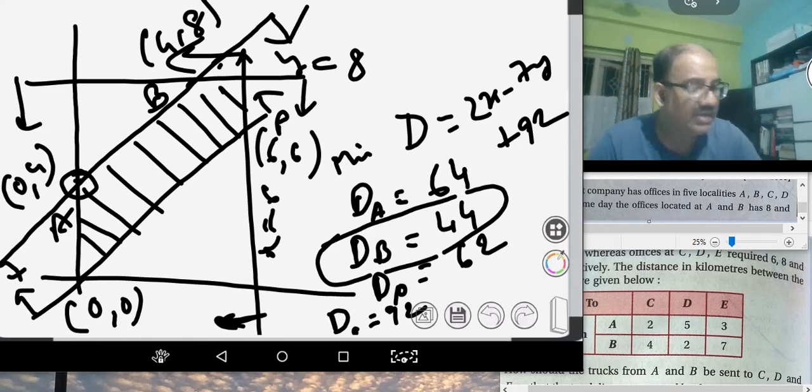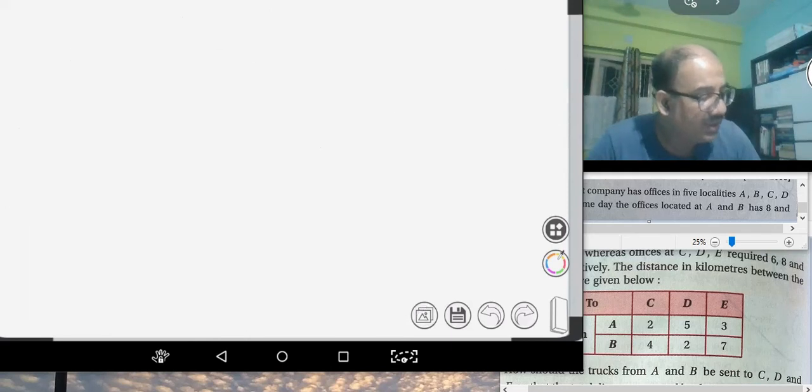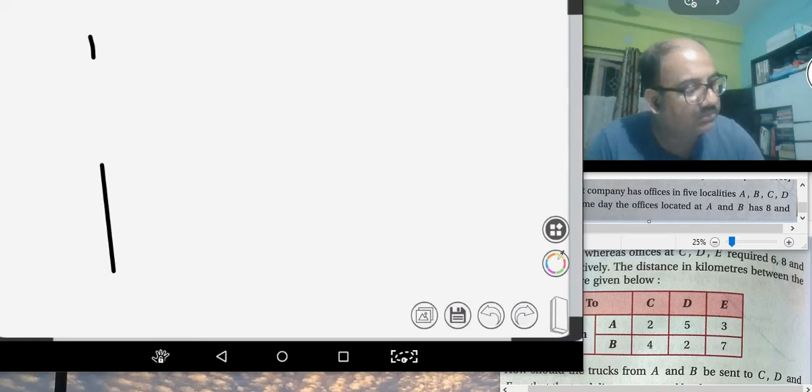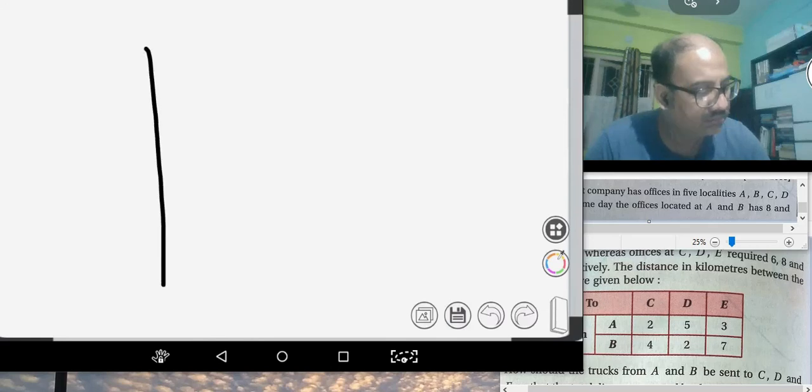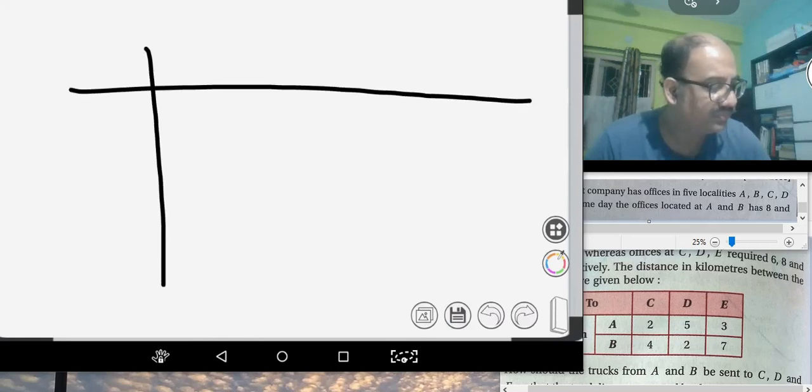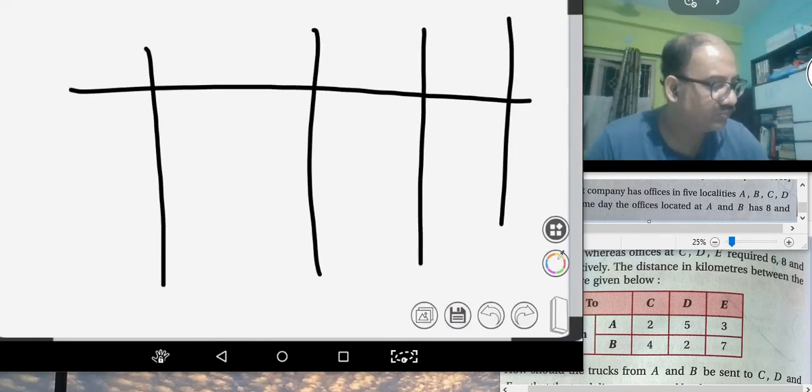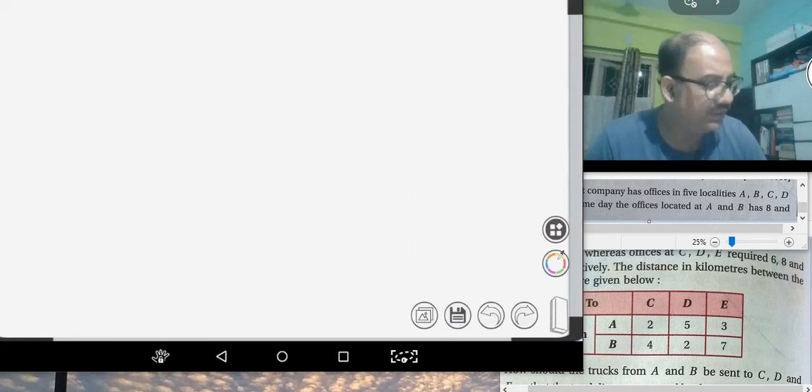So putting that solution in the table, our table was, again let me draw again.